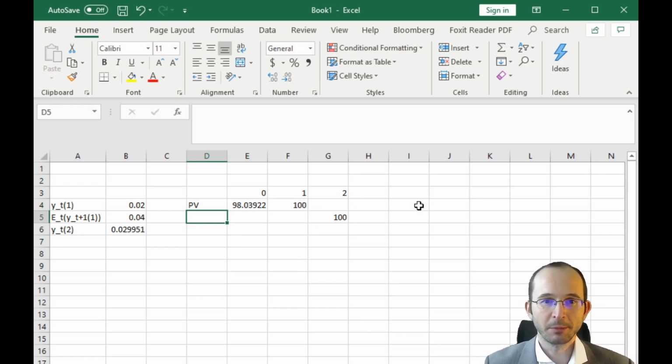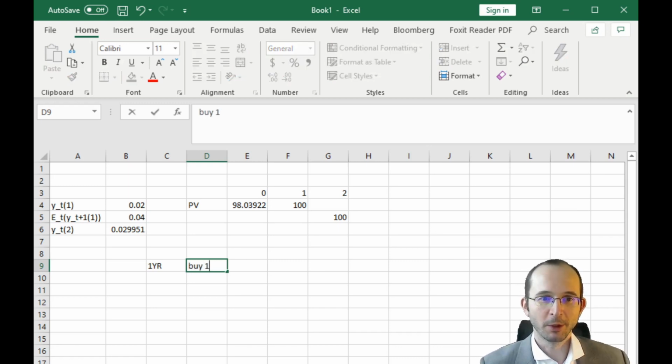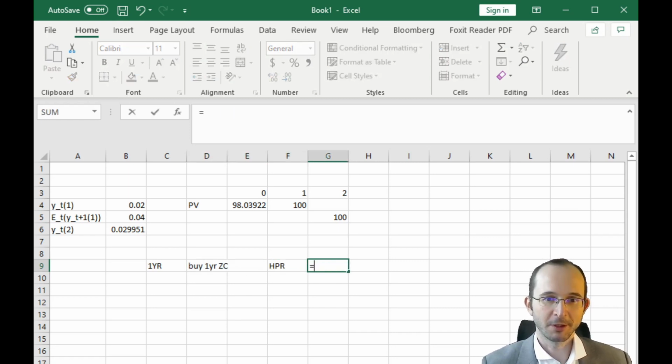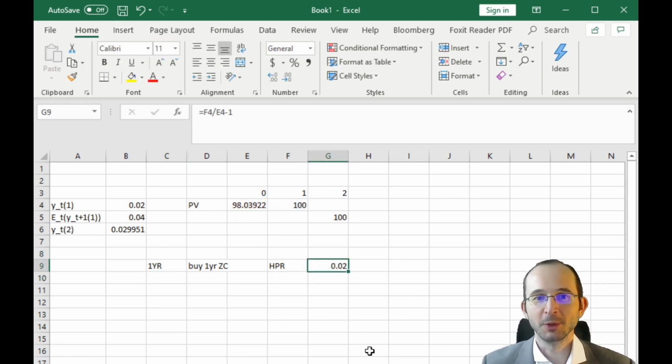What is our holding period return? So if we are making a 1-year investment, and if we buy the 1-year zero coupon, our holding period return is, we end up with 100, we started with 98, and of course we get our yield to maturity because we did hold this zero coupon bond to maturity.